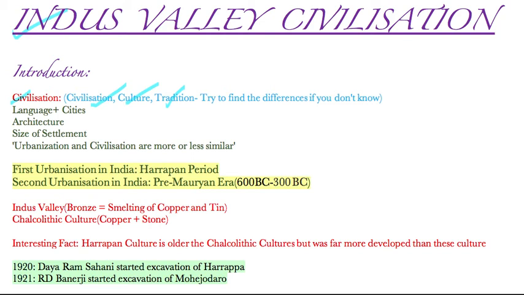Basically, a civilization is something which has its own language, and it is associated with cities. Nowadays it is also associated with architecture. It has a distinct architecture of its own, and the size of settlement is very large. Urbanization and civilization are more or less similar. So this will give you some idea of what civilization means. These are some of the features of civilization.